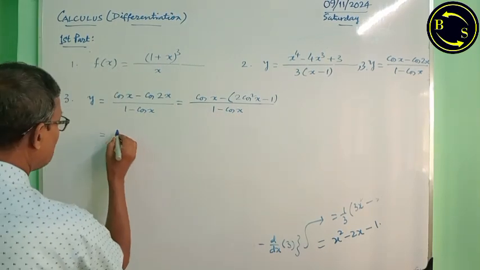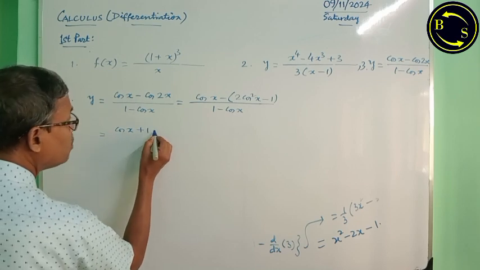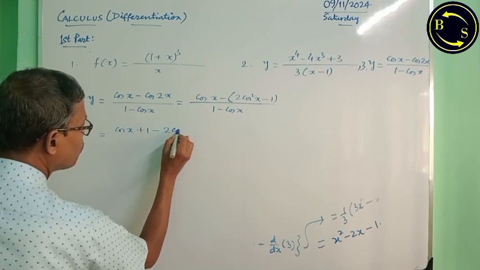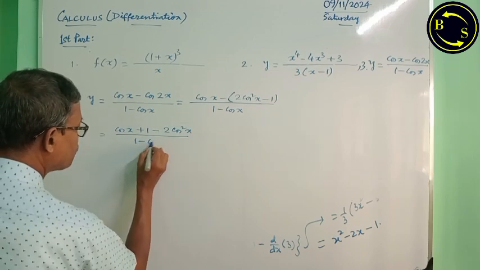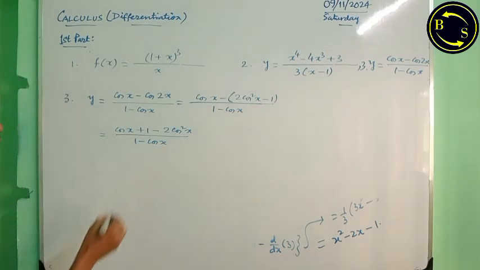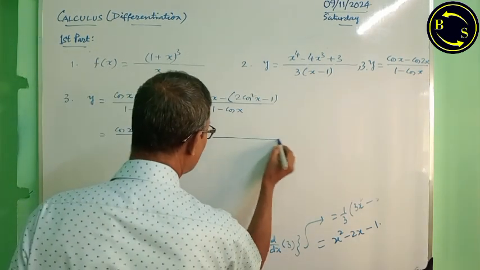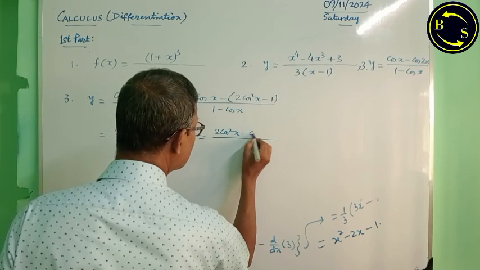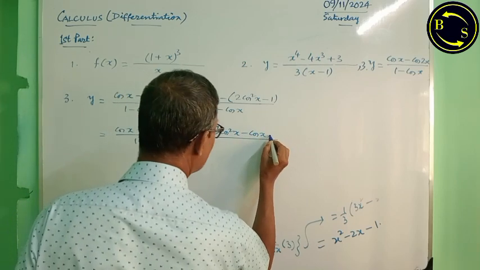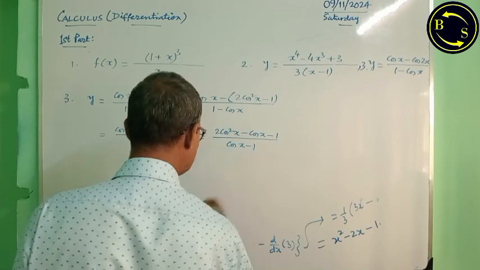That means cos x plus 1 minus 2 cos square x by 1 minus cos x. We multiply both numerator and denominator by minus 1, then numerator will be 2 cos square x minus cos x minus 1, denominator cos x minus 1.